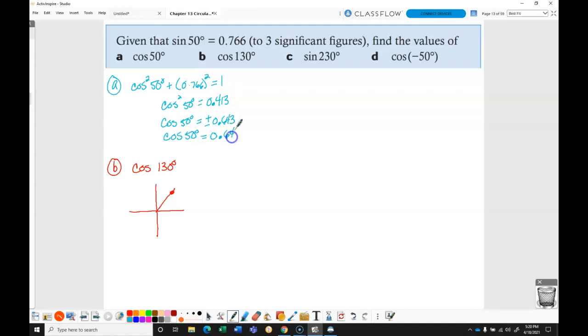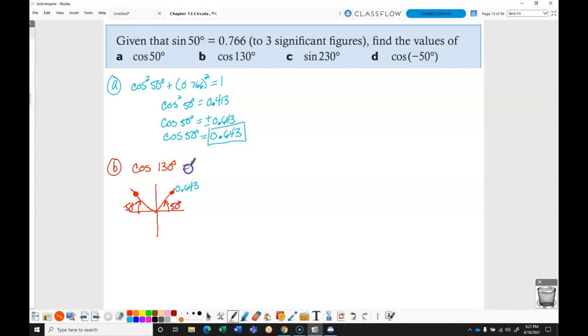So this was 50 degrees, and the y-coordinate was 0.766. So if that y-coordinate is 0.766, and this is also 50 degrees this way, that means this y-coordinate is the negative of that, negative 0.766. Here you thought you were going to be doing some computation, but truthfully, you're just doing some comparisons here.